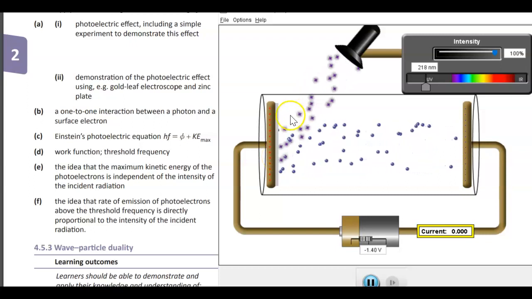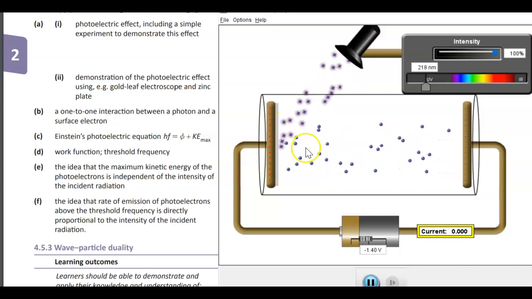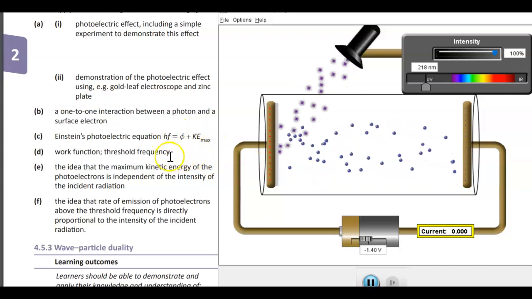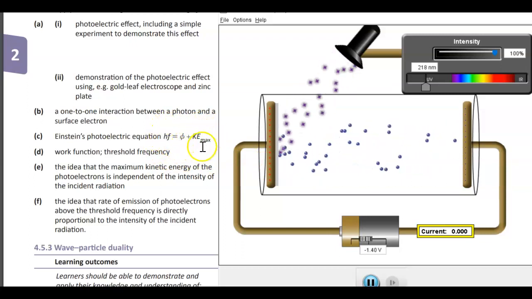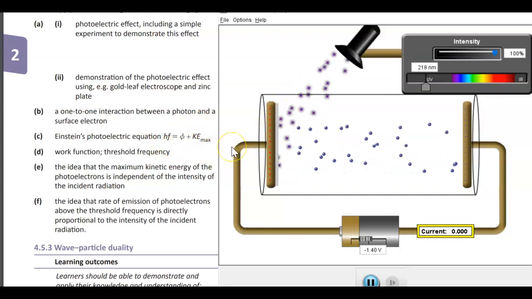But every photon that arrives doesn't always produce a photoelectron. So it's really saying that we can use this equation which links one photon with one photoelectron. But it isn't the case that every single photon produces a photoelectron.